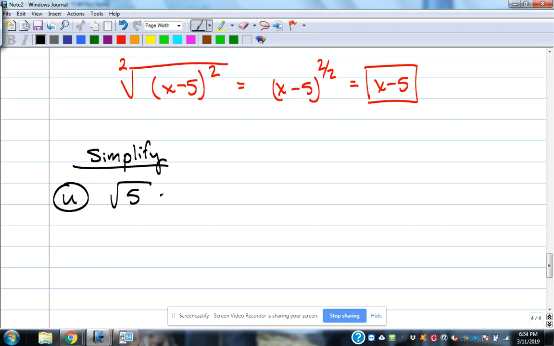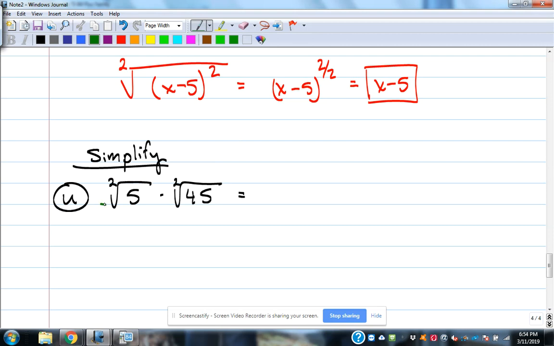Square root of 5 times the square root of 45. So we think about that. And here's the rules for multiplying things with radicals. The index has to be the same for us to be able to multiply them together. If the index is not the same, then you can't multiply them together. Is the index the same on both of these? Yeah, they're both a 2 index. That's going to help us later on. But that also allows us to do this math. The math is outside times outside, inside times inside.